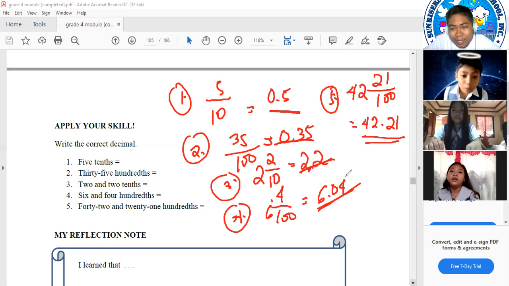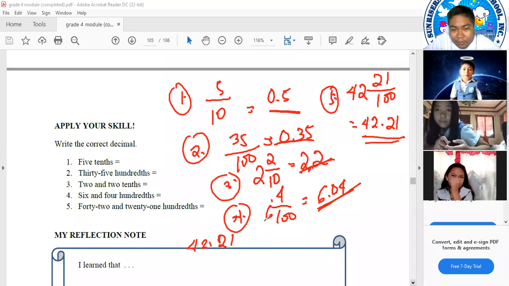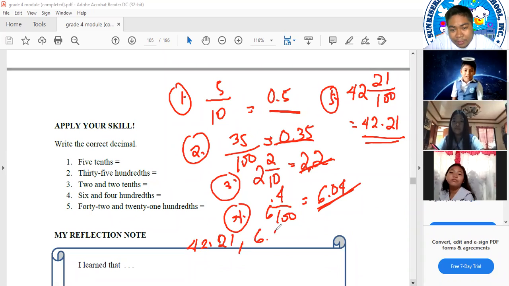So which is the largest of them all? Is it 1, 2, 3, 4, or 5? The largest is number 5, 42.21. How about the second one? That would be 6.04.